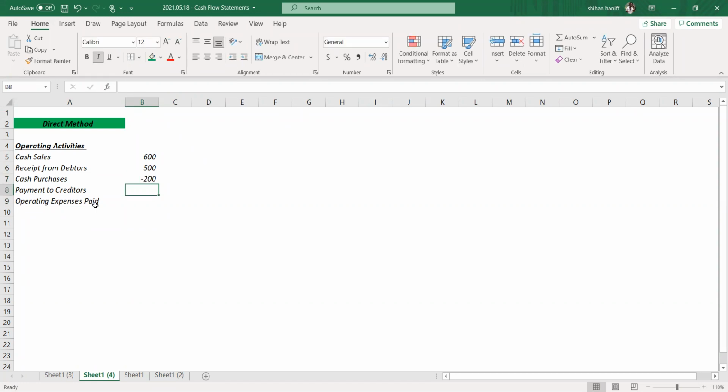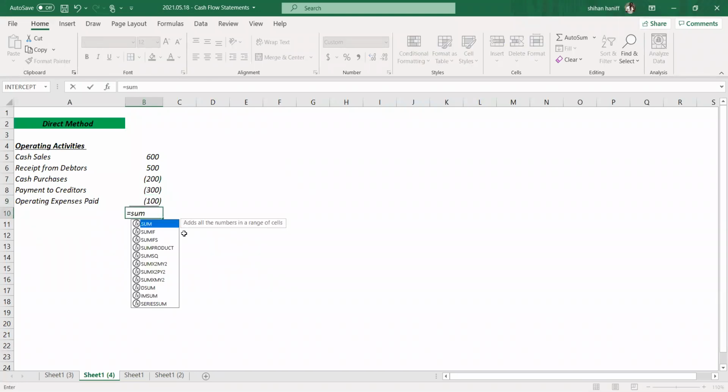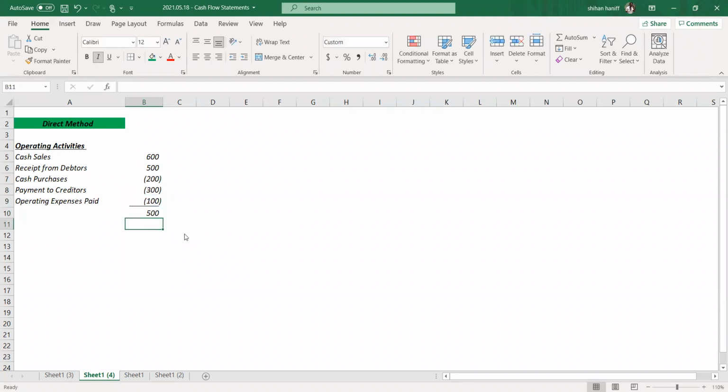Let's say this is 200. Right. So you calculate the total. This is called cash generated from operations, in operating activities.